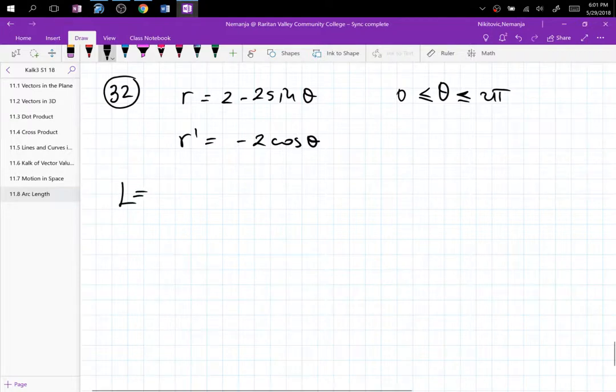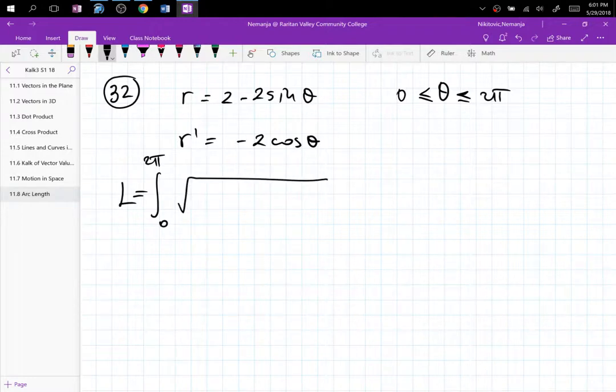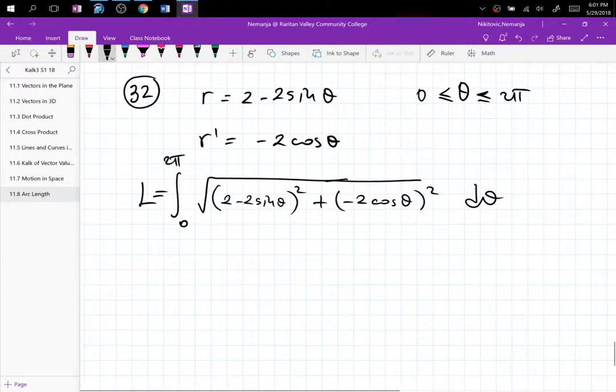So the length of the curve is 0 to 2 pi. And now I have the square root of (2 minus 2 sine theta) squared plus (negative 2 cosine theta) squared d theta.